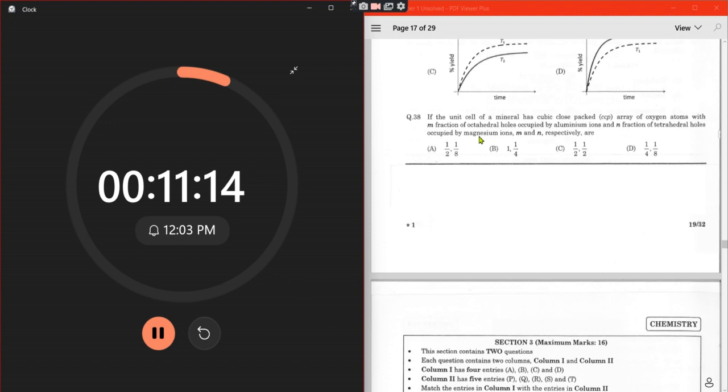1/8 is n and this is 1/2. M is just 1/2 and n is 1/8. So I think 38 का A, right? This is spinel, I guess.